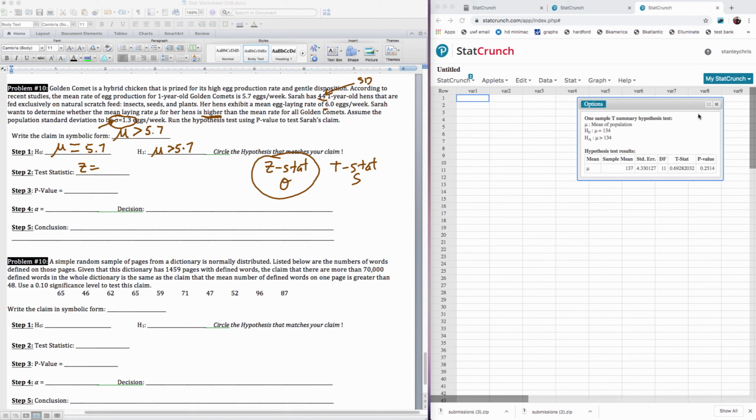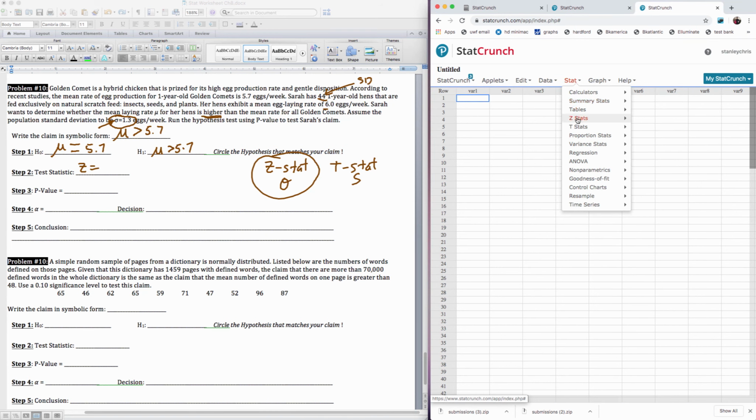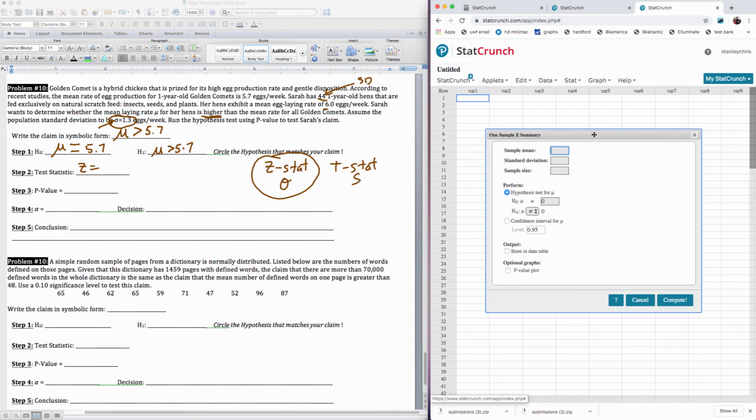Okay, so let's do the test. One sample, summary. Okay, so her sample mean was 6. The standard deviation was 1.3.